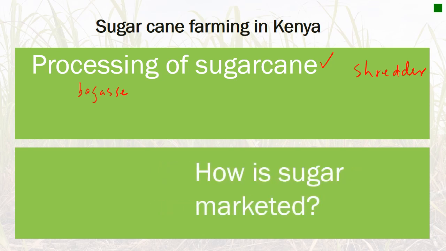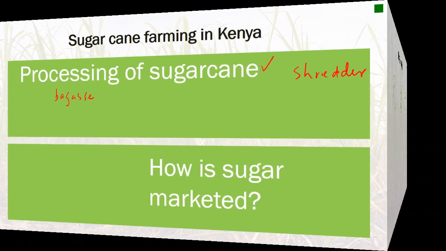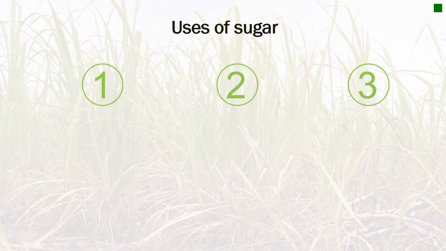Next is marketing of sugar. So how is sugar marketed? It is done by various wholesale outlets and individual sugar processing factories. So that is how the sugar is marketed. So uses of sugar.